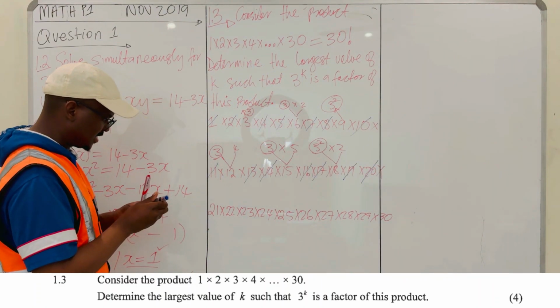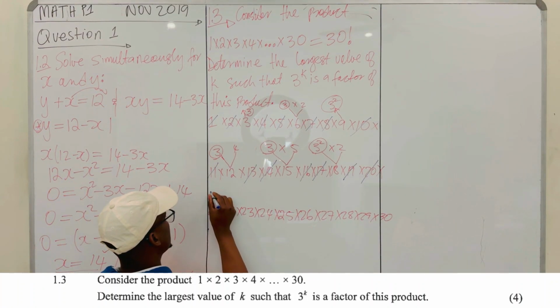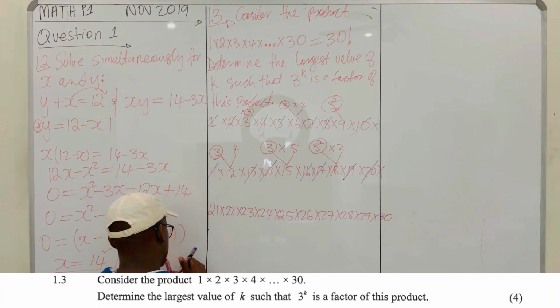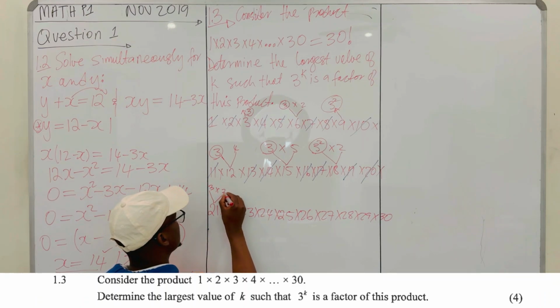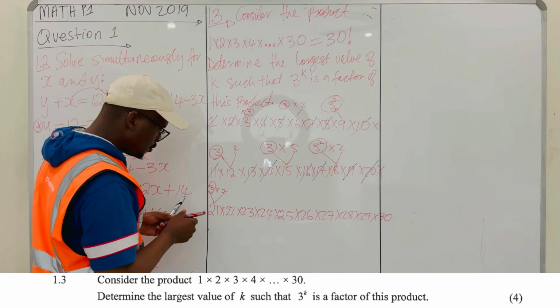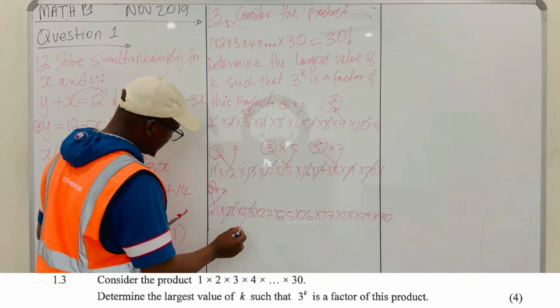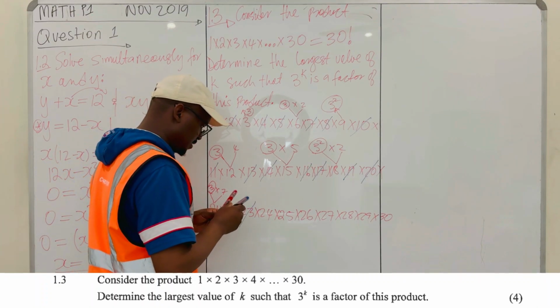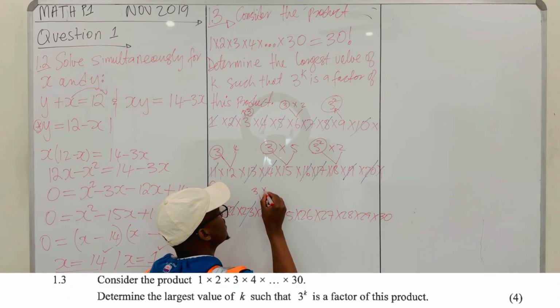21, yes, there is a 3 at 21, because if you go and check the factors for 21, the factors of 21 are 3 times 7, right? So there is another 3 there. Fine. 22, no. 23, no. 24, yes, because if you remember, 24 is equal to 3 times 8.